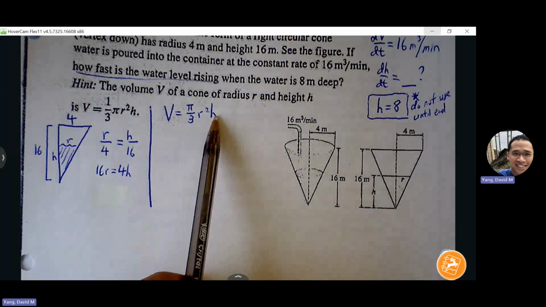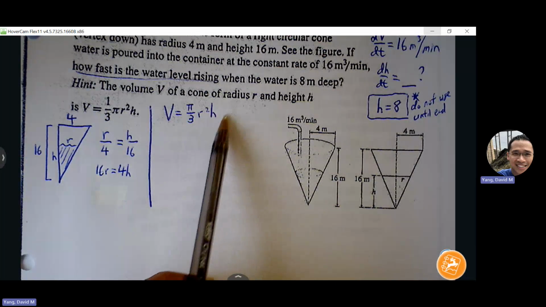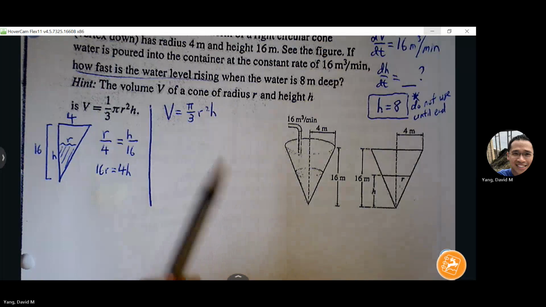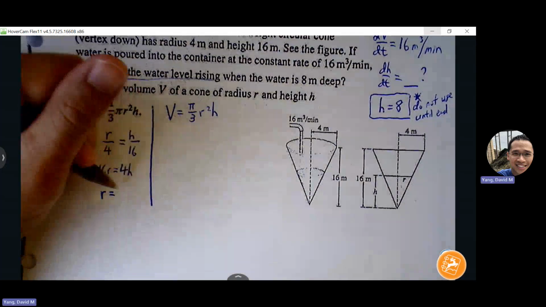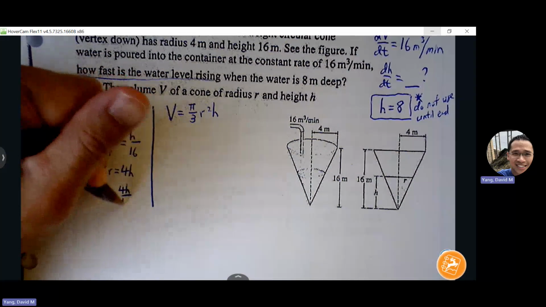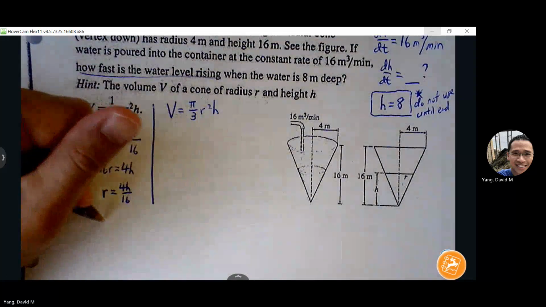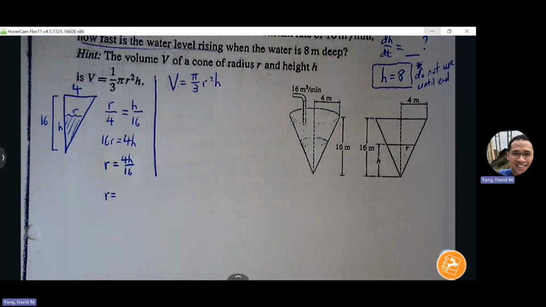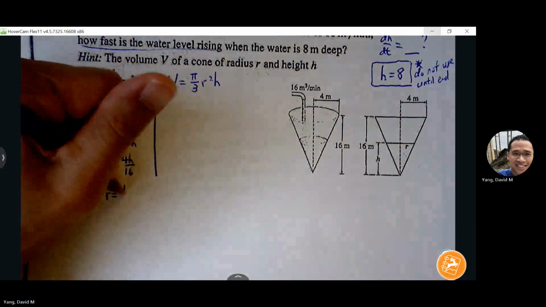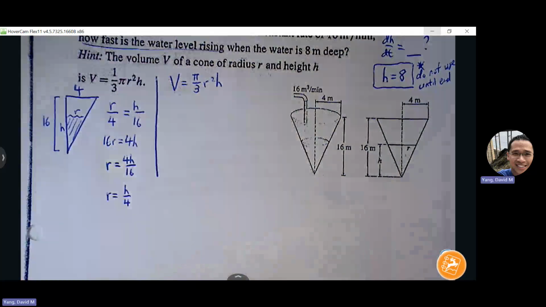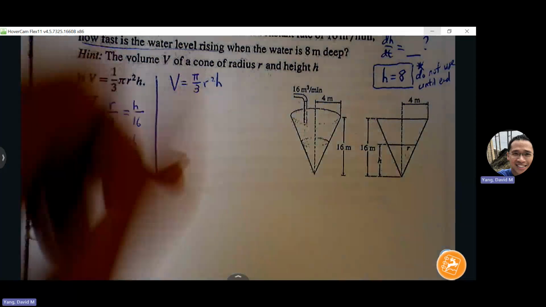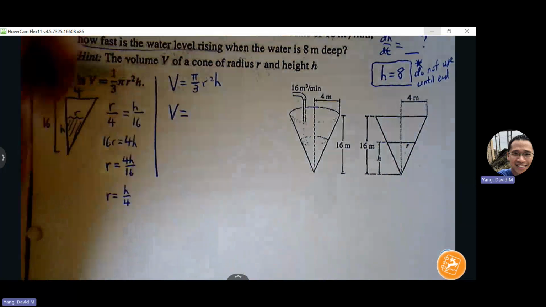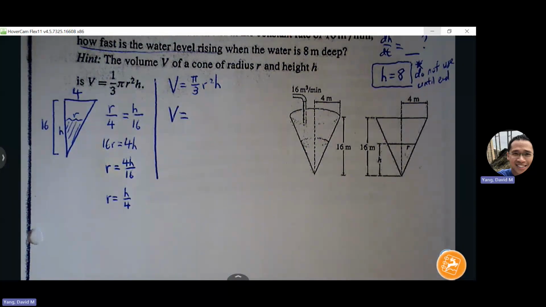Then I replace R with H over 4, and everything's in terms of H. So if I make a replacement here, will this get rid of my R?